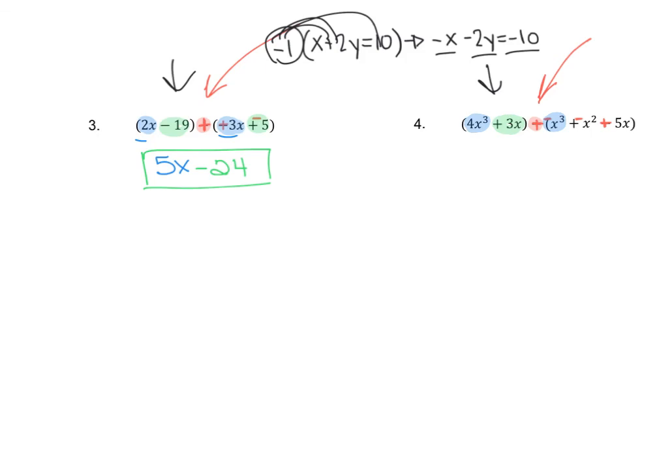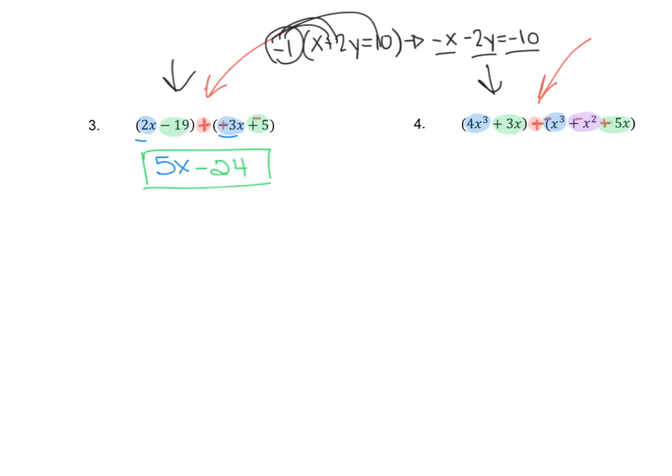But this 3x matches with this 5x because they both just have an x with no exponent. I'm going to color and highlight this negative x squared purple, but it doesn't match with anything. It does not have a partner. So I have to remember that when I go to start combining my like terms here.